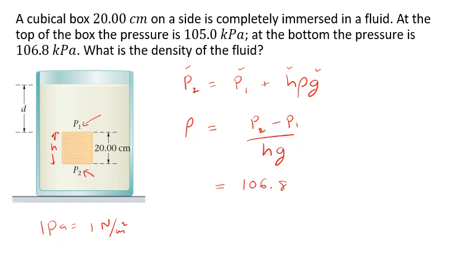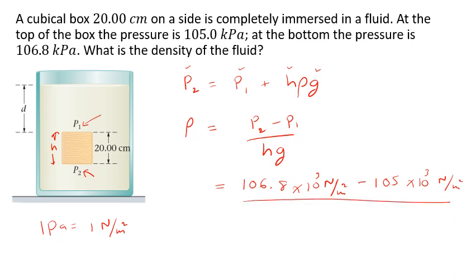So that will be multiplied by 10 to the power 3, and the unit will be Newton per square meter, minus P1, which is 105 kilopascal, that is 105 multiplied by 10 to the power 3 Newton per square meter, divided by h and g.